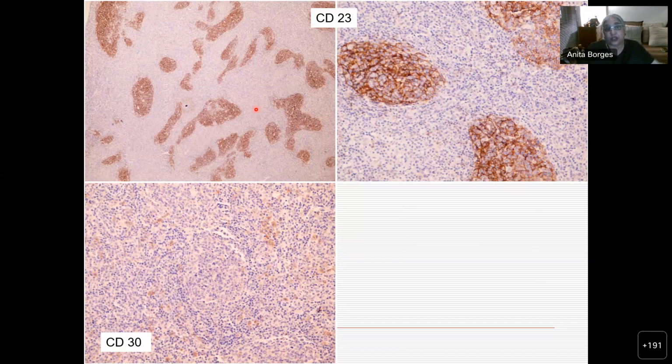This is CD20 and this is CD23, both of them. On one side you see odd-shaped follicles, then on the other side you see this, and entrapped in them, here you see the mantle. Some of them have got large cells, but some of them have no cells in the center at all. And this is CD30, and you see the interfollicular cells are CD30 positive.